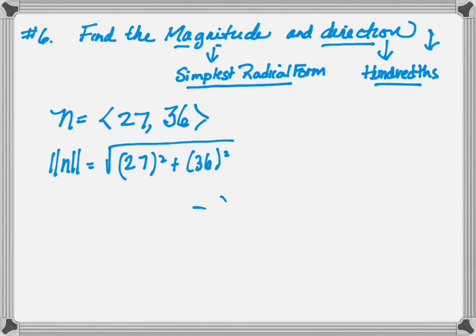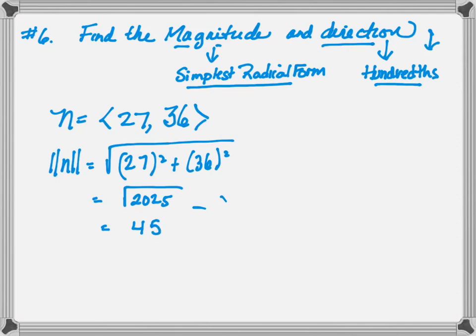And to save time, I'll just use my calculator. That's equal to the square root of 2025, and if you take the square root of 2025, you get 45.